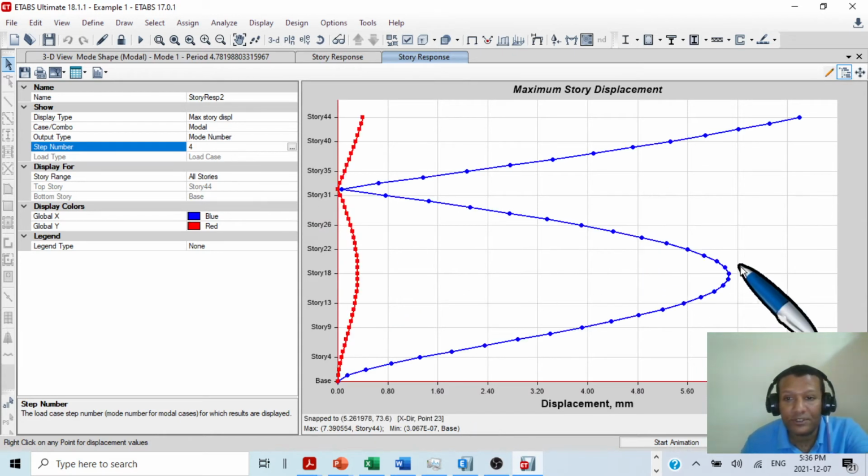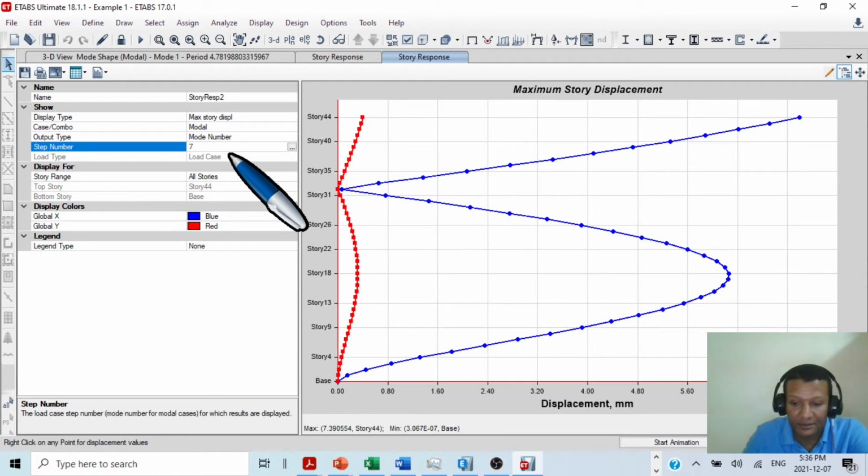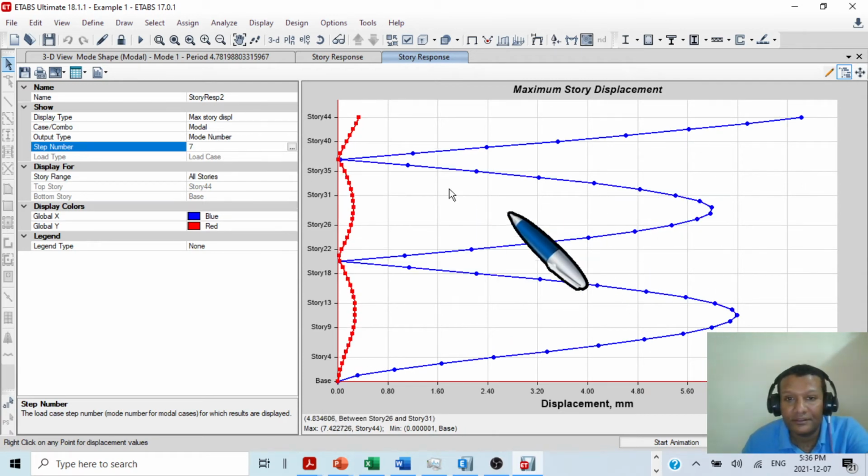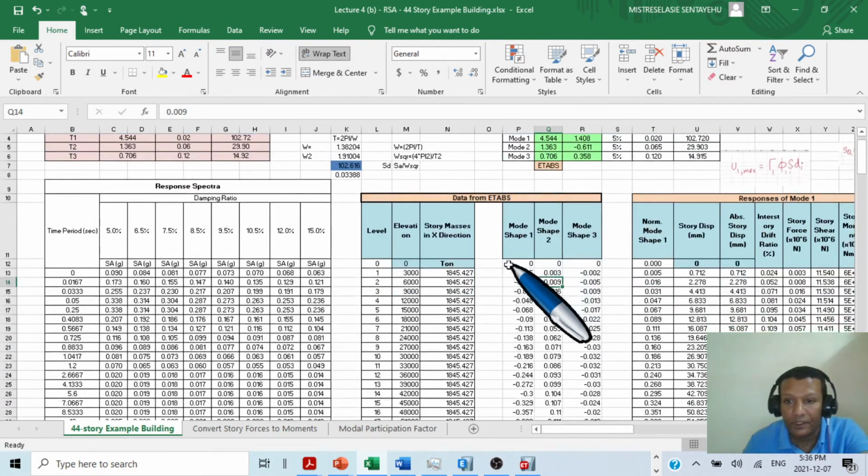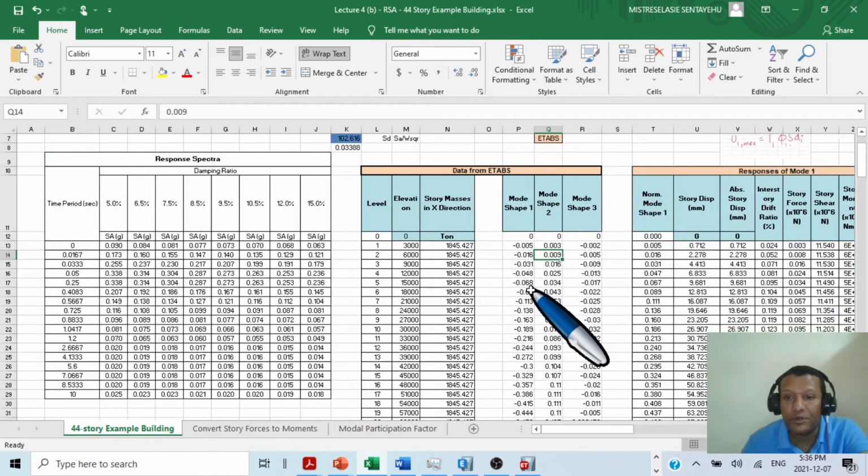Mode 4, the second one is mode 4, and the third one is mode 7 as per the computer. So in this way we will take mode 1 shape, mode 2 shape, mode 3 shape. Then we will normalize the modes.